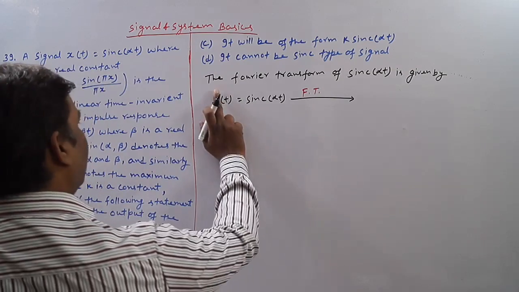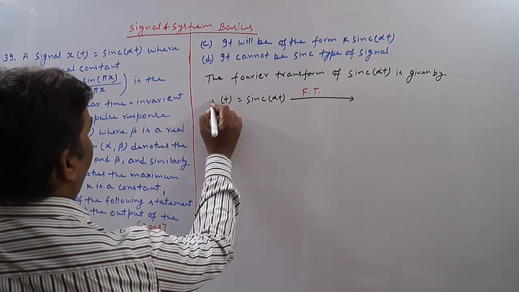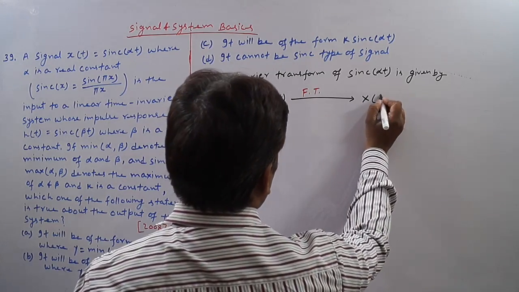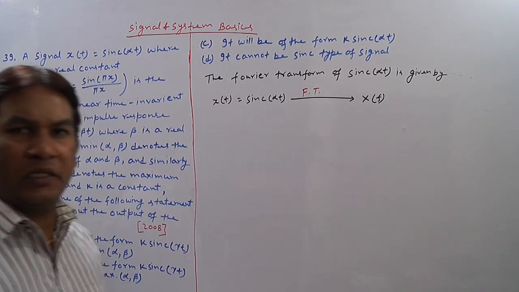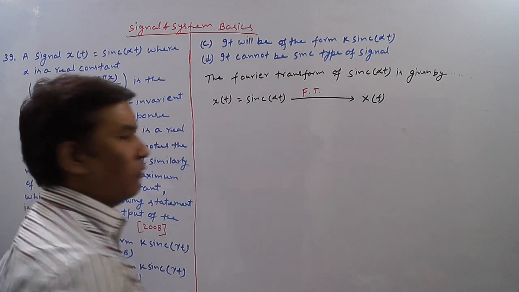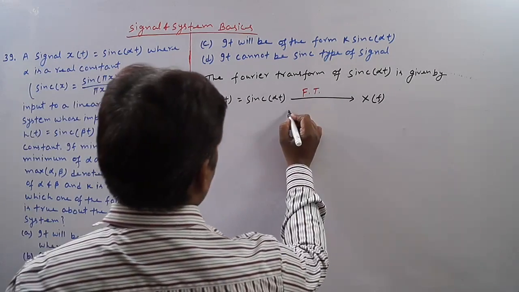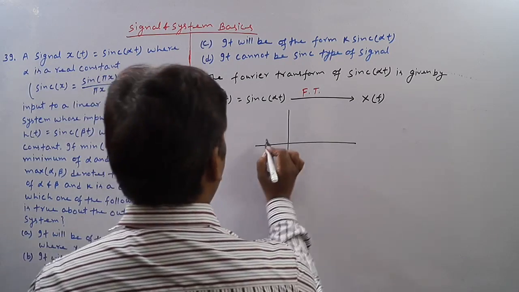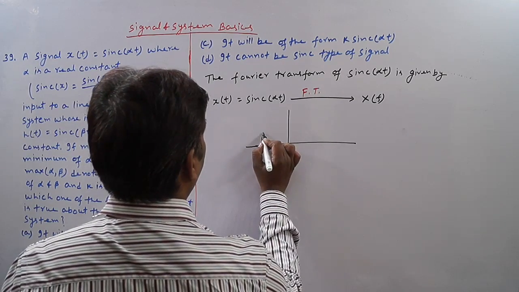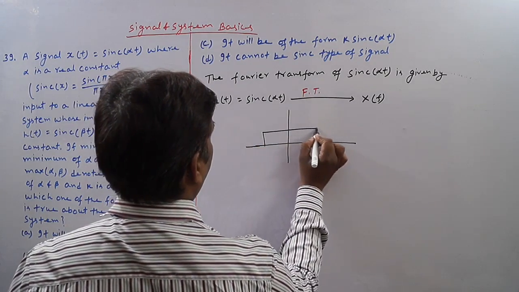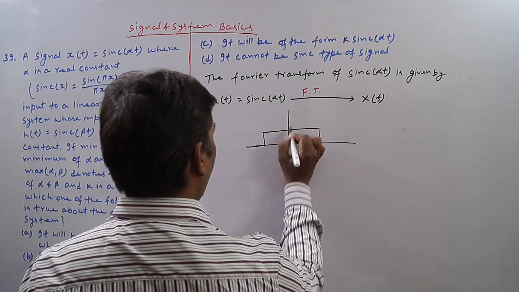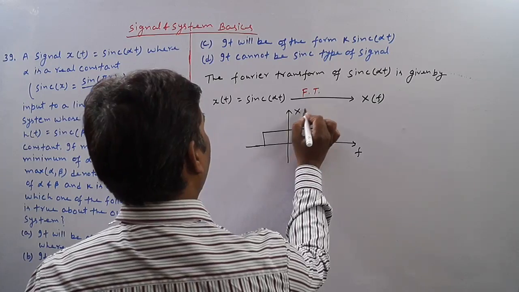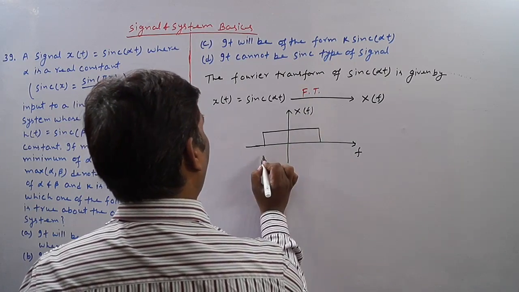Suppose this is x(t), then we get the Fourier transform as X(f). If we denote it in the frequency domain, it will look like this. This is frequency, and this is the magnitude of X(f).